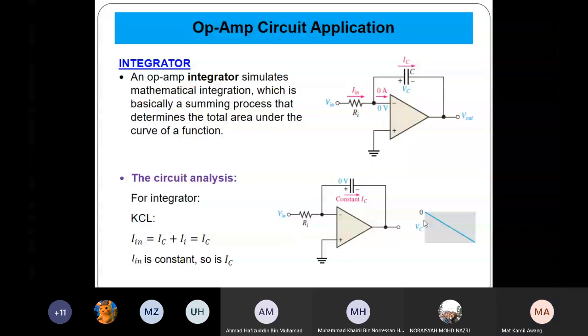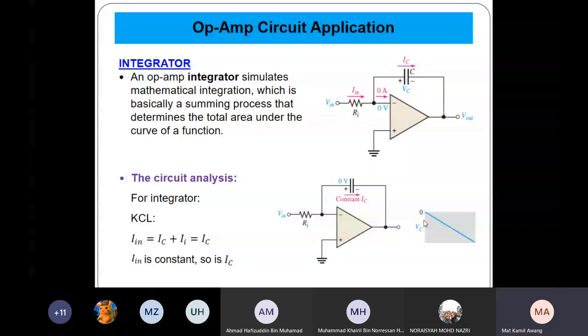Basically an integrator is, remember your calculus, that you want to integrate the function. So for this integrator, you need something which is non-linear.